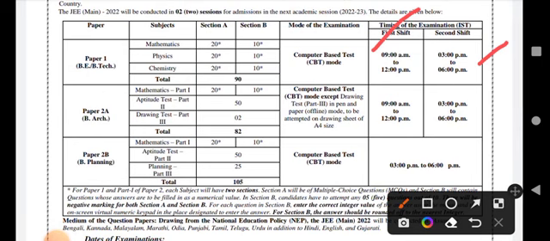If you are preparing for admission into Bachelor of Architecture or Bachelor of Planning, you need to write a separate paper, Paper 2A or Paper 2B.